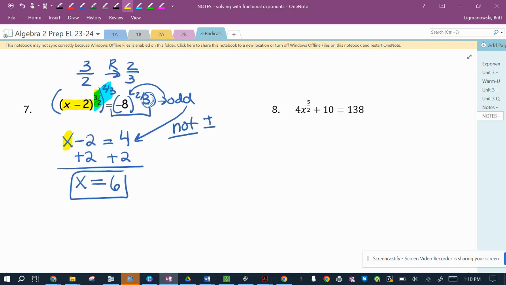All right, now this one looks a little different. I want to get this x to the 5 over 2 alone. So again, I always want to add or subtract first, then multiply or divide. Since this is positivo 10, I'm going to menos 10 to both sides.